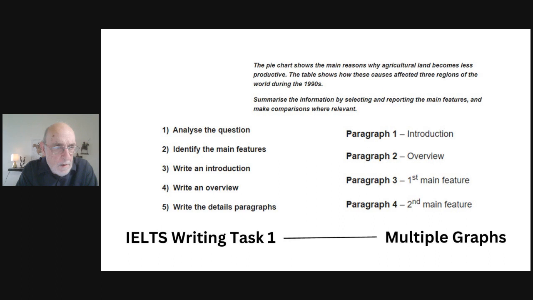And then in paragraph 3, you'll be writing about the first main feature, which in this case, you'll simply choose and write about the pie chart. And then in paragraph 4, you'll write about the table and make any comparisons that are relevant or that you need to make. So this is how your essay will be looking when it's finished with these 4 paragraphs.